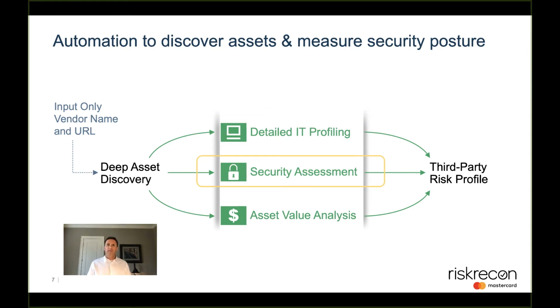Once the detailed IT profiling of an organization is complete, the next step is to assess the security posture of each of the organization's systems. RiskRecon's approach is unique in that we gather all of our data through direct observation of an organization's systems. As previously mentioned, as we interact with an organization's internet-facing systems, we gather information such as code from pages, configuration data, cookie data, header data.